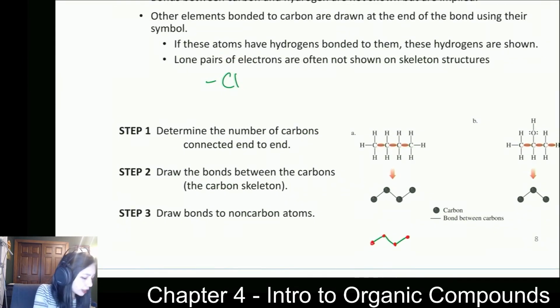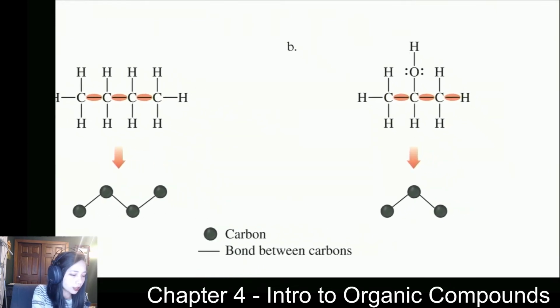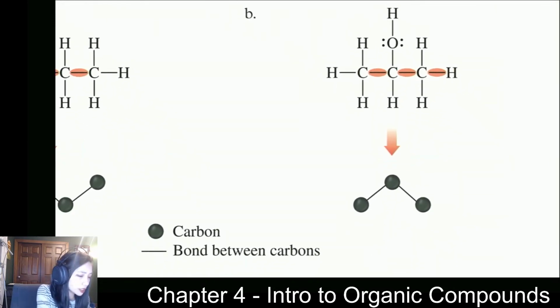You also have to draw any non-carbon atoms. In the second example here, you should be able to see that there are 3 carbons in a chain: 1, 2, 3. And you would have to draw that OH within there, the carbon to oxygen bond. So what this structure is missing is that OH.